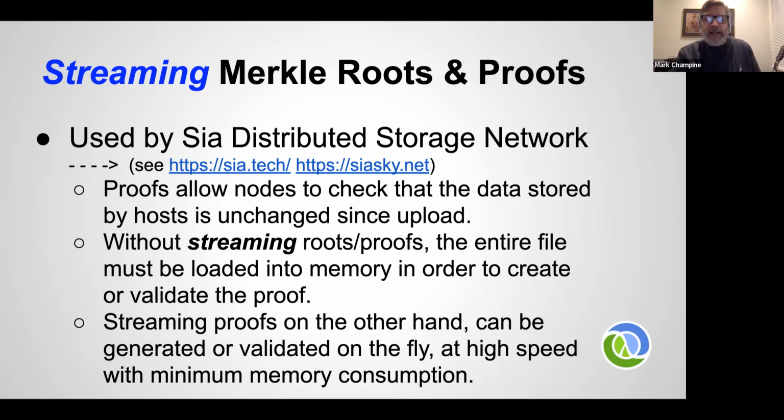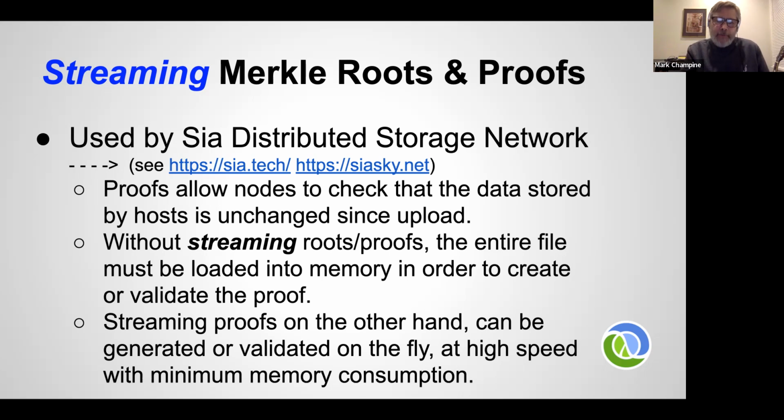So you divide it in half, you divide it in half again and again, and then unroll that, and you would get a full root. So all those leaves have to be in memory, at least when you create the initial set of hashes over them.